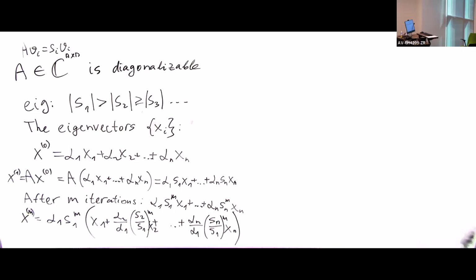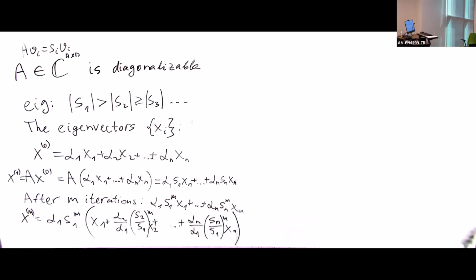I just rewrote the same thing in a different form. So let's see what happens here. First, this is some number times some other number times some vector, which is x1. And x1 is the dominant one because we know that S1 is the biggest one. Now, what happens to that thing when m goes to infinity? We know that S2 is smaller than S1. If you divide something smaller by something bigger, you get something less than 1.